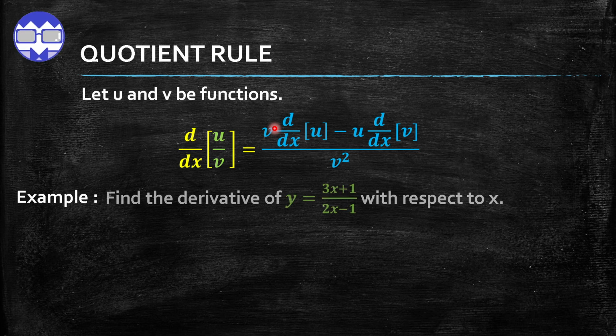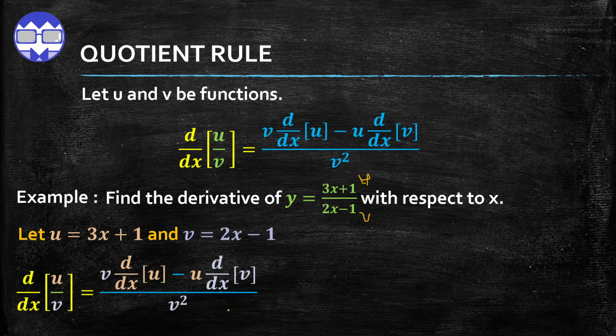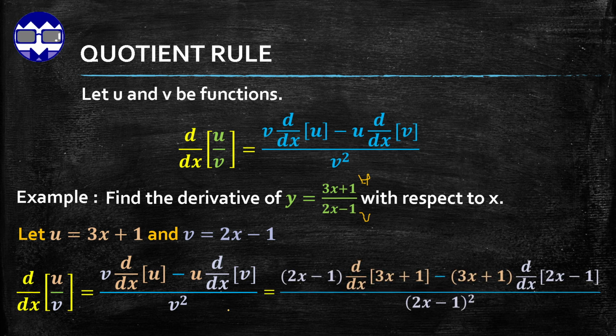So, example. If we have y equals 3x plus 1 over 2x minus 1, u will be our numerator, v will be the denominator. So in this case, our u is 3x plus 1, our v is 2x minus 1. So using the formula, v du minus u dv over v squared, we simply substitute.